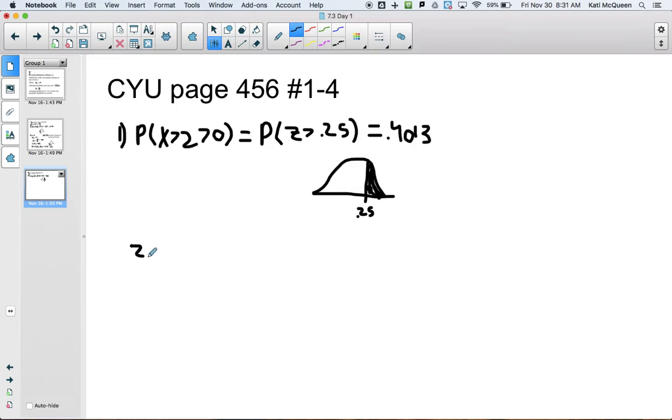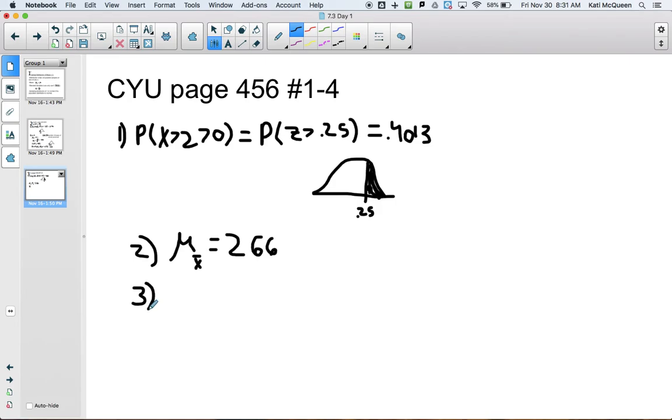Okay, number 2 then was simply asking us to calculate the mean when I'm looking at that set of 6. So the mean of x bar is simply equal to the original mean, which is 266 days. Number 3 then was asking us to look at standard deviation.